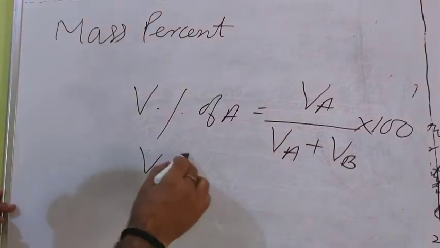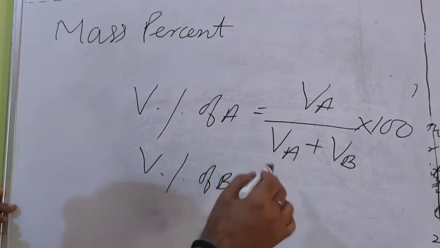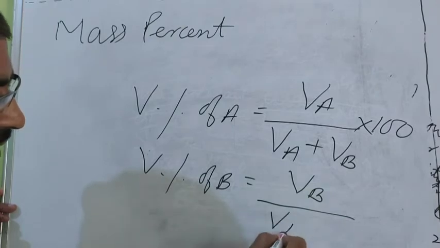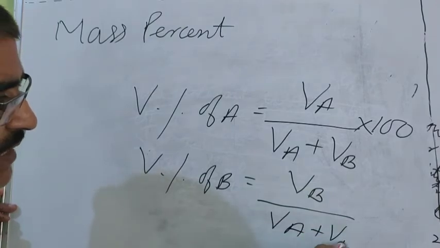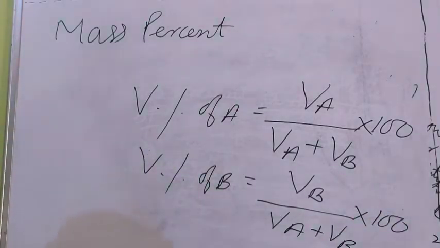And similarly, the volume percent of B equals VB upon VA plus VB into 100. That is the volume percent.